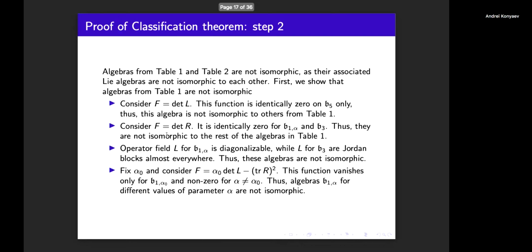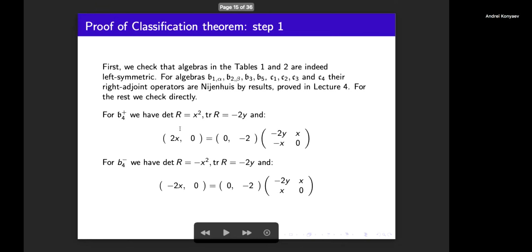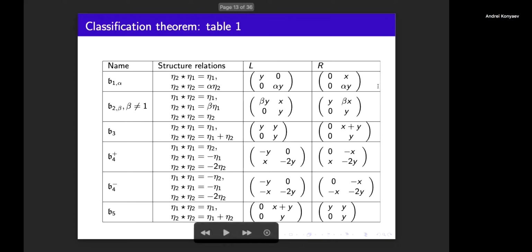Now we consider determinant R. It goes like this for determinant R. It vanishes here, and we see that it identically vanishes only here and here, right? But it does not vanish here.